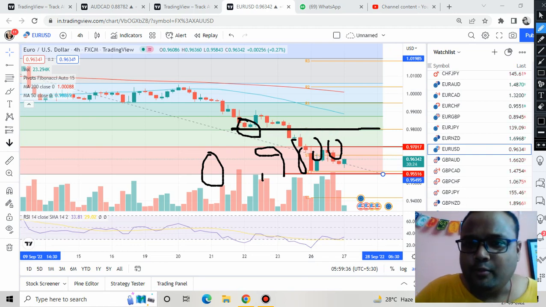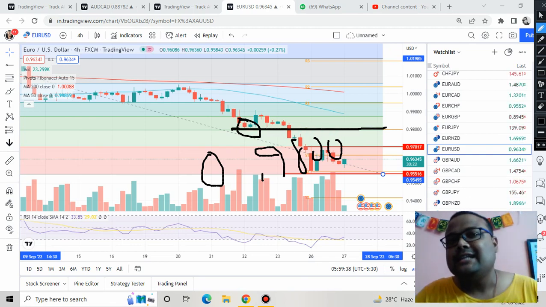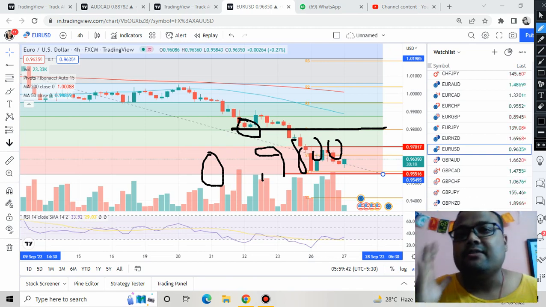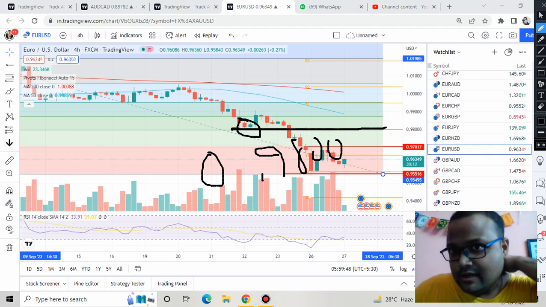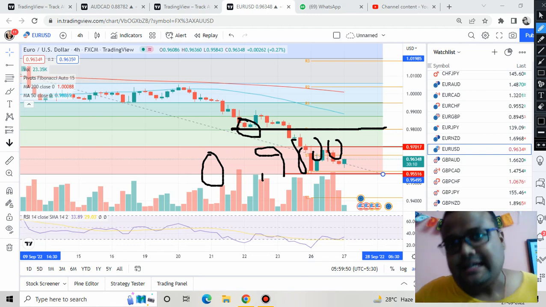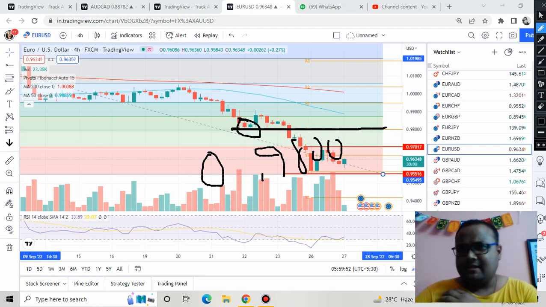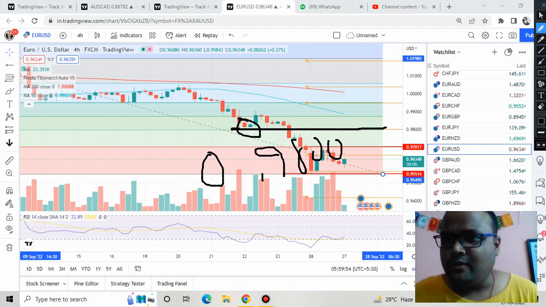So if you combine both the factors here, then there is a high chance that 0.9800, 0.9810 will act as a very strong resistance for the market, because we can also see the blue line, the 50 moving average, also coming down to act as dynamic resistance. 0.9800, 0.9810 will be a very strong resistance zone.